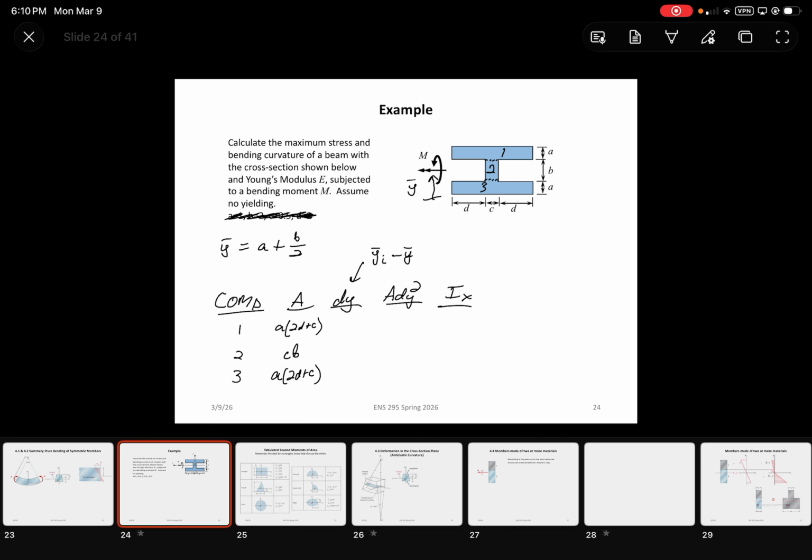So in this case, it's just going to be equal to whatever y bar i is minus a plus b over 2. So for component 1, y bar 1 is just going to be a plus b plus a over 2.